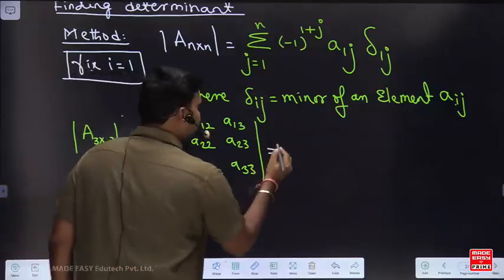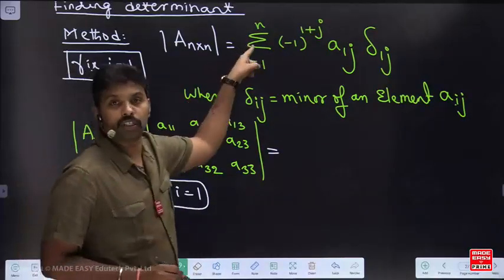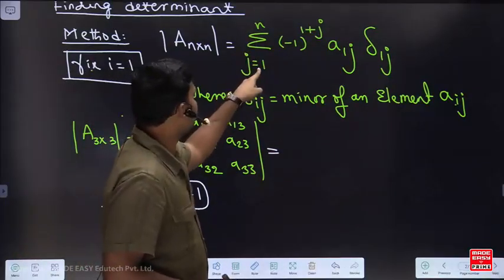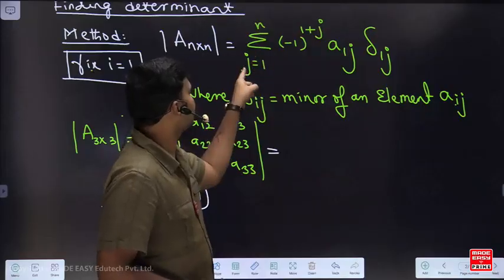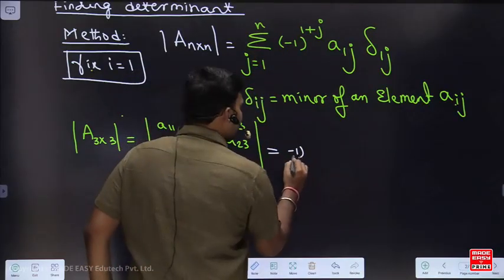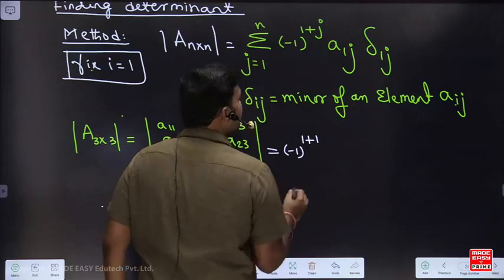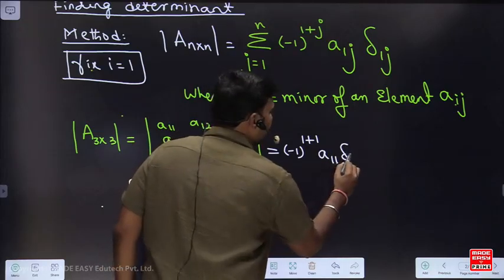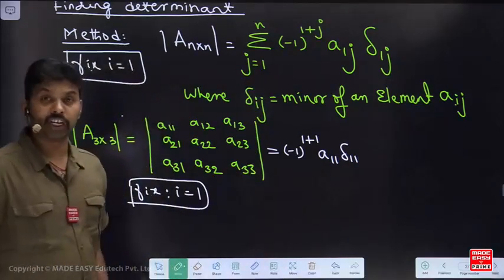Now this determinant is given by, go to the summation, all of you. Take first summation j is equal to 1. So release this summation for j is equal to 1. So it will be (-1) to the power of 1 plus 1 into a11 into del 11 for j is equal to 1.